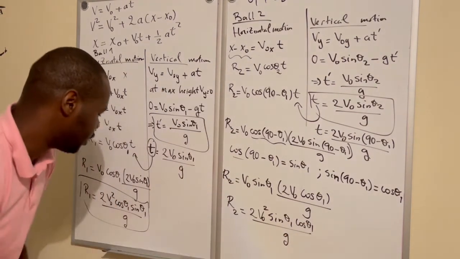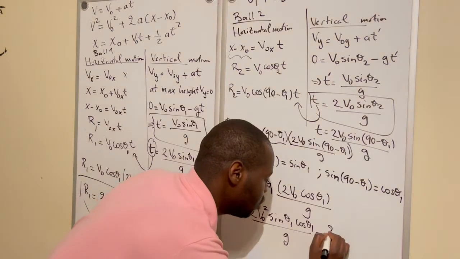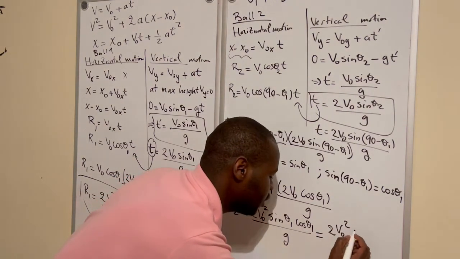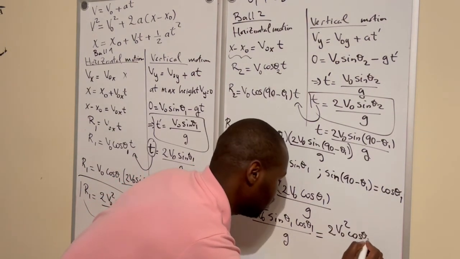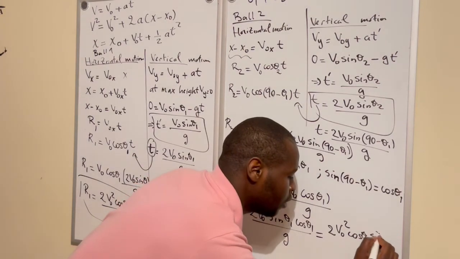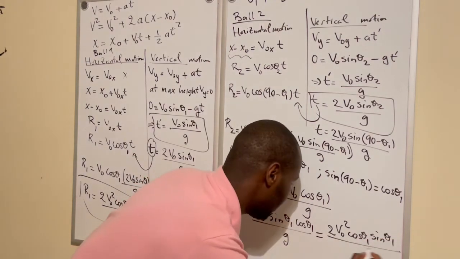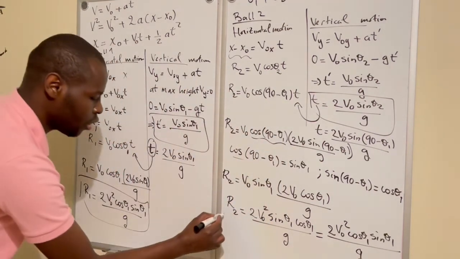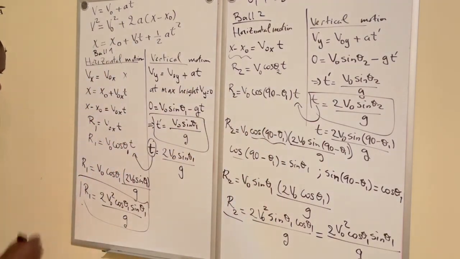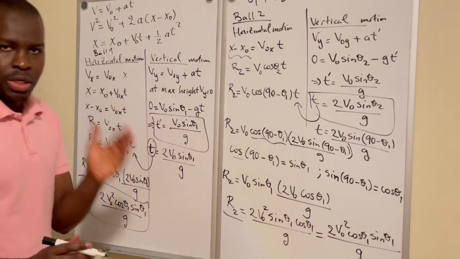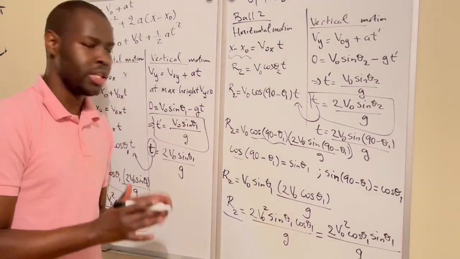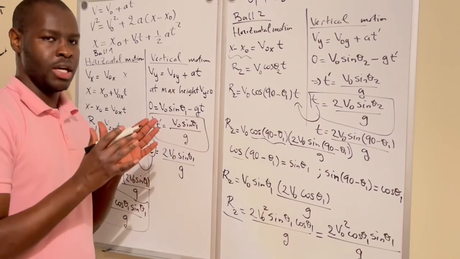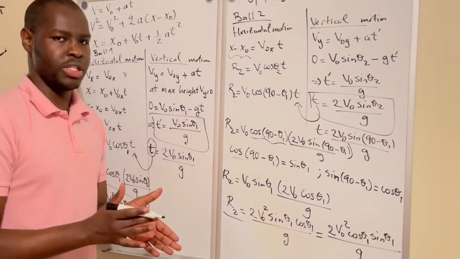If I rearrange this, I get 2V0 squared cosine of theta 1 times sine of theta 1 divided by g. And as we can see, indeed R2 equals R1. And we can say for sure that the two balls will land at the same location.